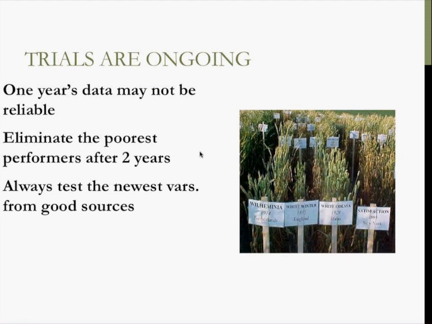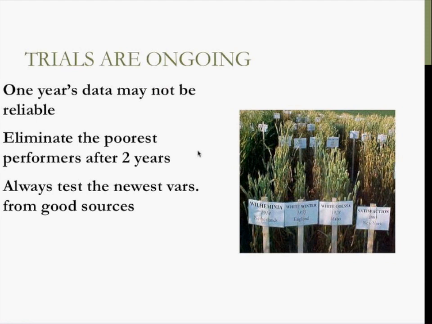So it's always wise to take a single year with a grain of salt, and if you can, replicate the trial a second year. That being said, it doesn't have to be perfectly repeated. You may want to eliminate some of the ones that perform the worst that you don't need to look at again, and add some new things, as you discover new things or new things become available from seed companies, and continue to iterate and improve that trial.